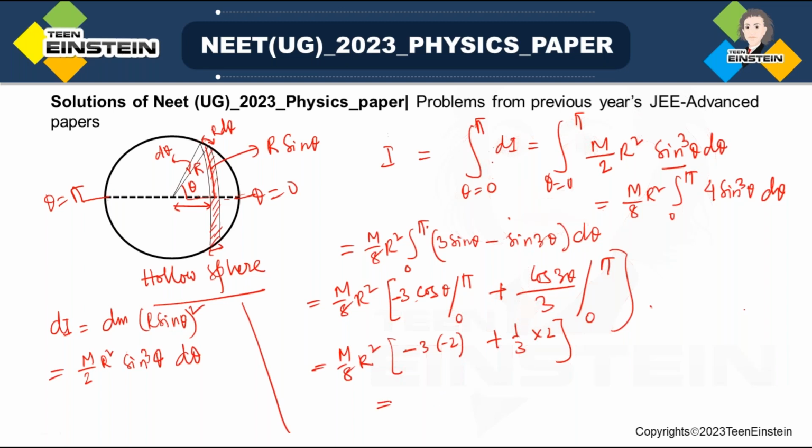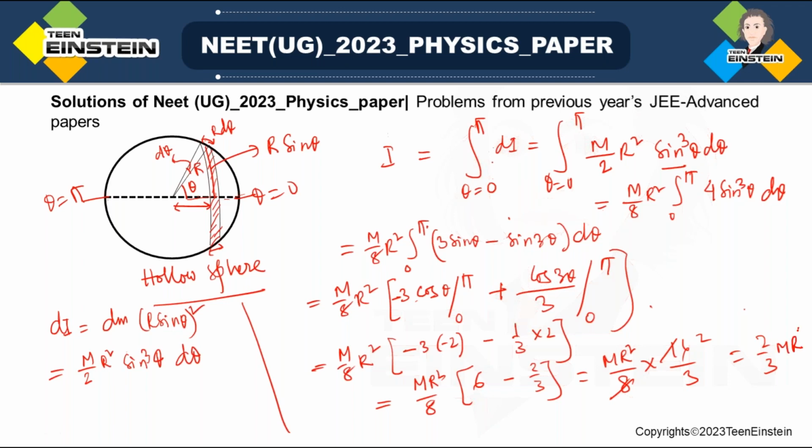So what we get, obviously there will be a minus sign here. Cos of pi means minus 1, cos of 3 pi is also minus 1, so there will be a minus 1 minus of this, giving minus 2 here. So m r square by 8, this is 6 minus 2 by 3, so this will be m r square by 8 times 16 by 3, which ultimately is 2 by 3.